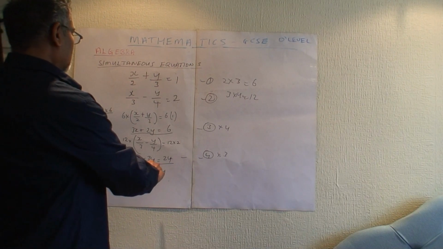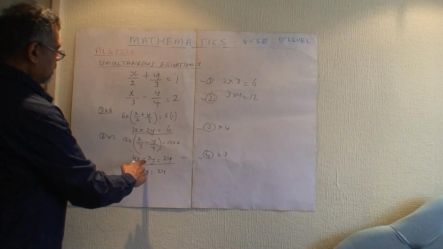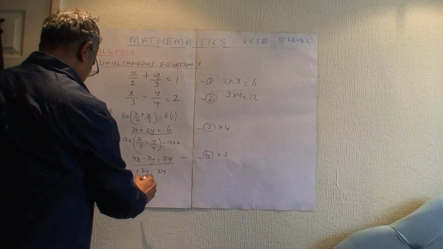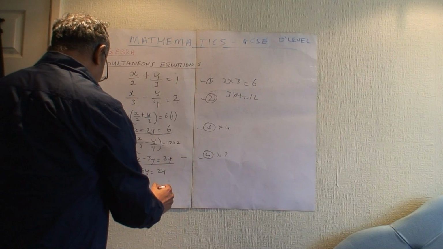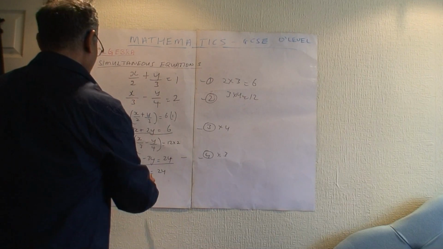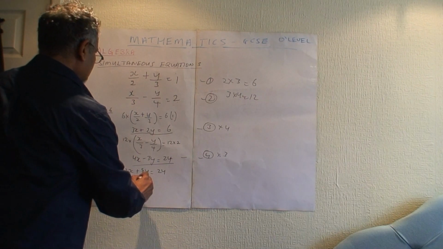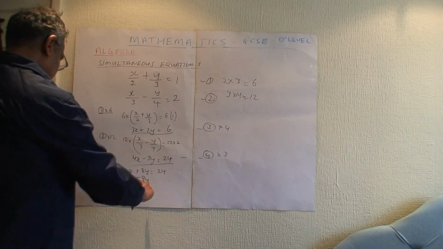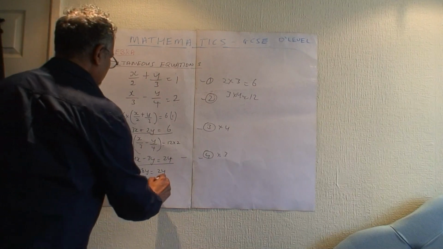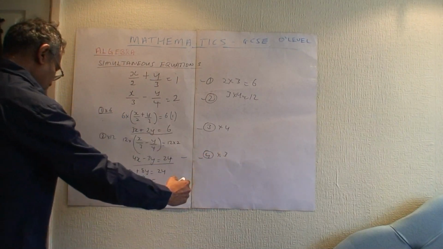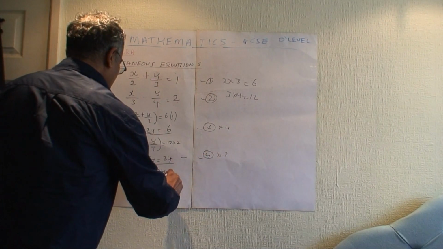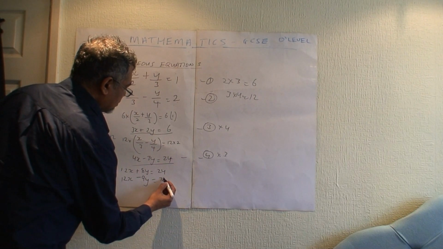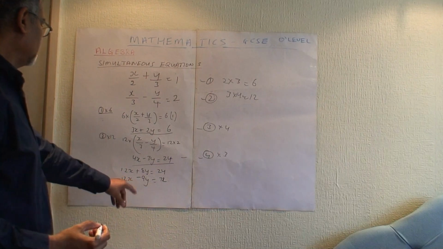Now we're going to multiply minus 3y by 3, and that's minus 9y. And 24 by 3 is 72.